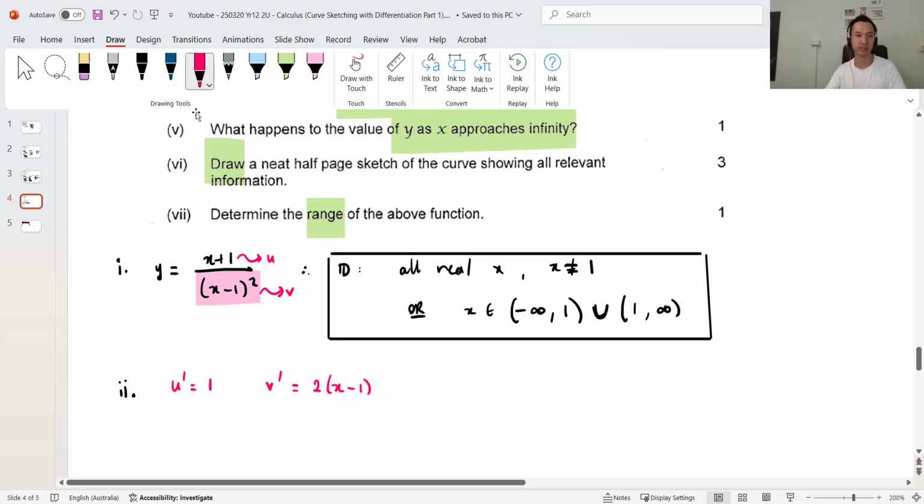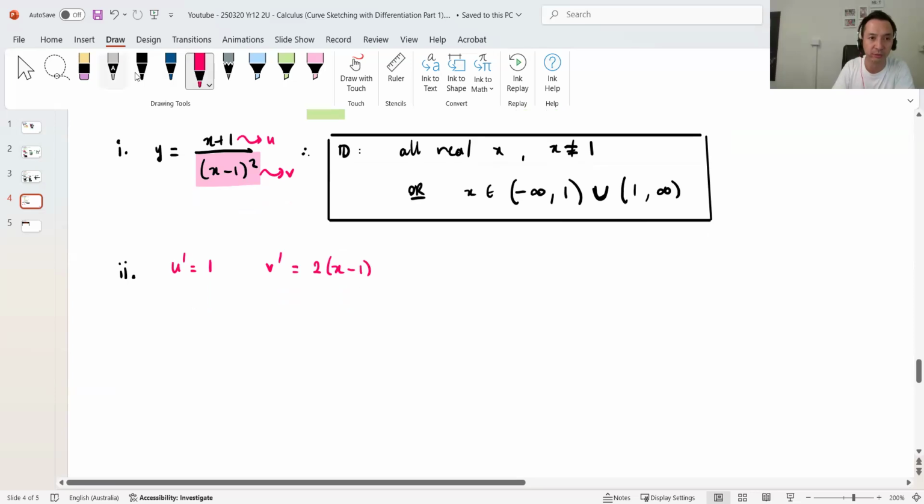Yep, that's my v dash. So my derivative, dy/dx, they want me to. I could put y dash, but they wanted dy/dx, so I'll do it. Quotient rule, right? So it's u dash v, so that times that, so x minus 1 squared, minus v dash u, 2 times x minus 1 times x plus 1.